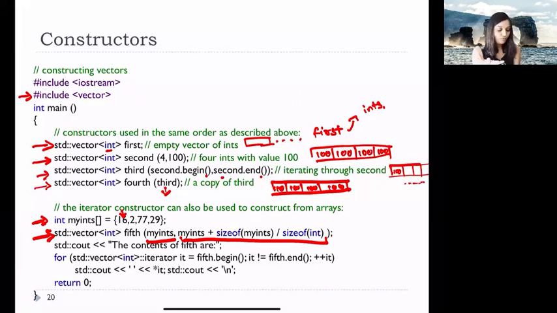Size of int is 4 bytes, and size of this array, myint, will be 16, divided by size of int, which is 4. So that will give you 4. This 4 is nothing but 4 items, right? So we are saying that start with wherever the first item of this array is located.